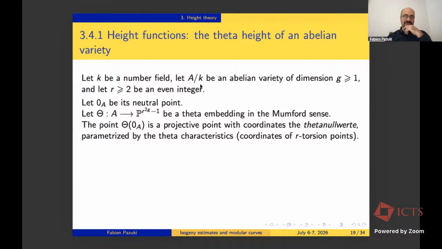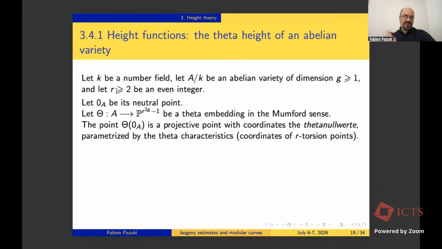So there's a neutral element, I'm going to call it 0_A, for instance. And then there exists a way to choose a class of embeddings for abelian varieties that send the variety inside a projective space of a dimension that is linked with the level that you choose. So the level that you choose essentially is a torsion level.